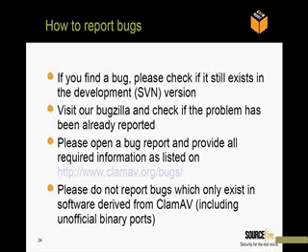Unfortunately, we very often receive reports for bugs that have already been fixed, and we waste time looking into the problem while it has already been fixed. Also, if you find a bug in some third-party software derived from ClamAV, then before reporting this issue to us, please make sure that it actually exists in the original ClamAV source code.